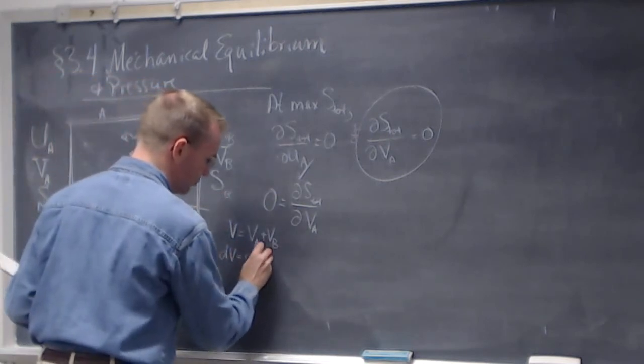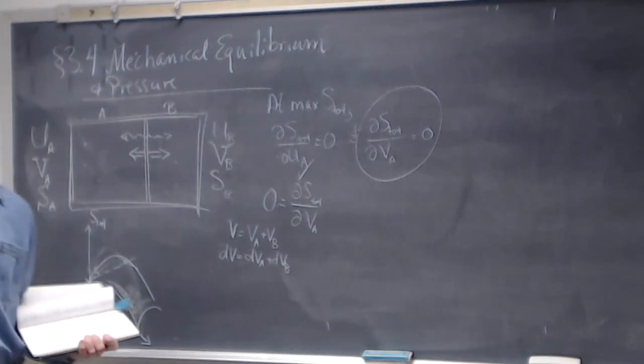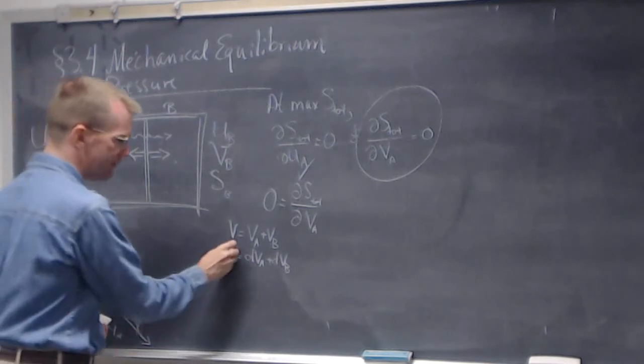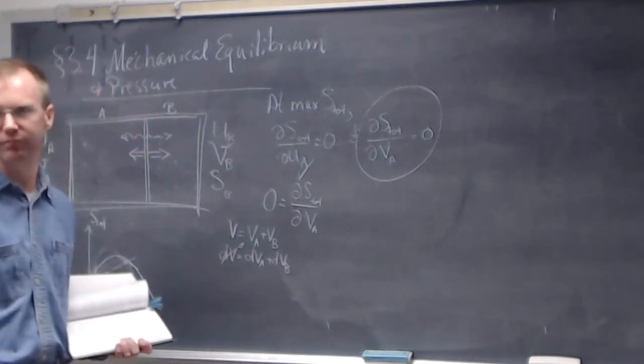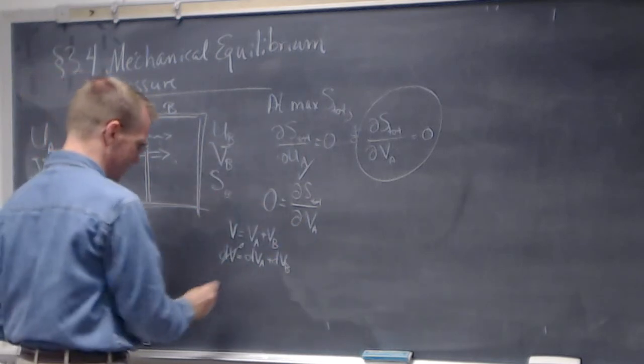We take a differential. If the total volume does not change, that's fixed in the problem here, then dV is 0. There's no change in it, which means dVA is negative dVB.